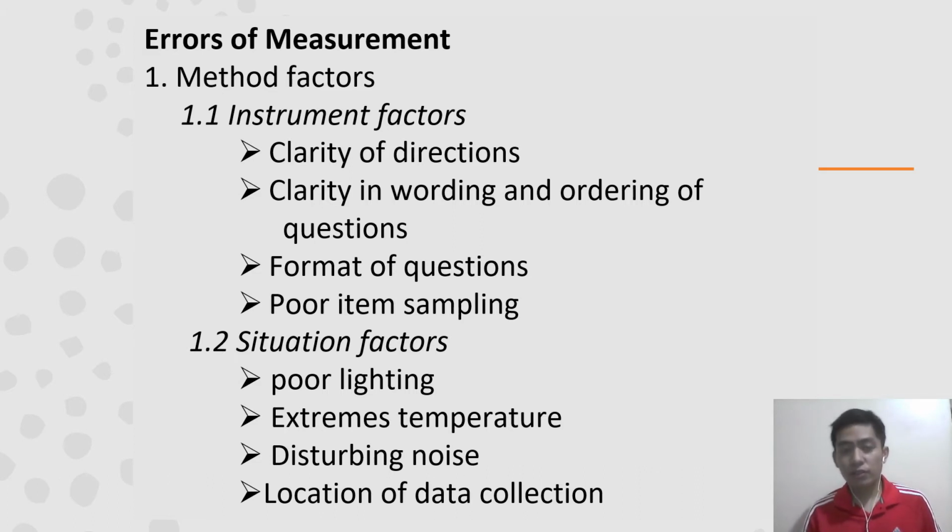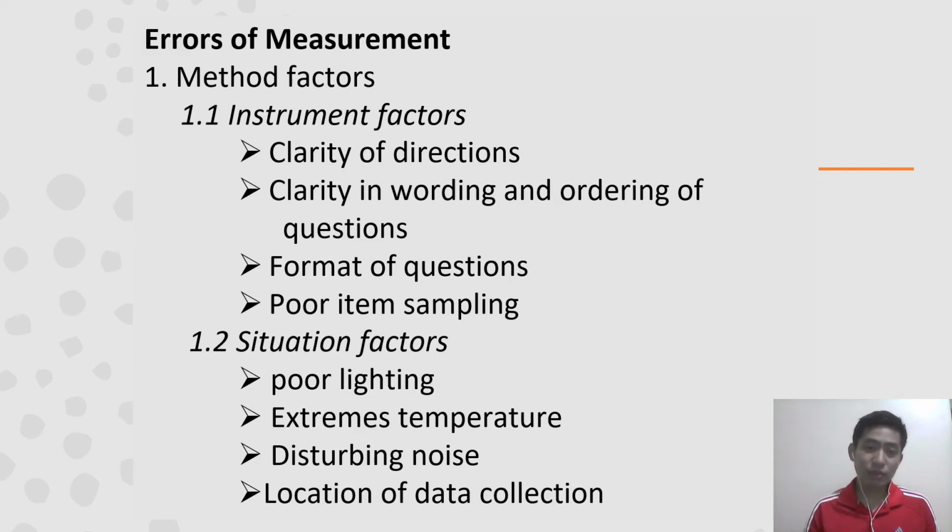Situation factors: poor lighting, extreme temperature, disturbing noise, location of data collection. This is applicable to qualitative and quantitative methodology of data gathering. If there's poor lighting, they cannot read the questionnaire or the survey.